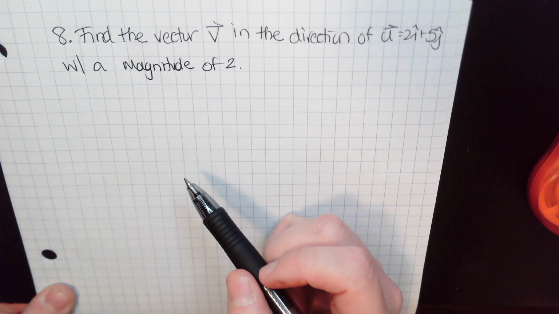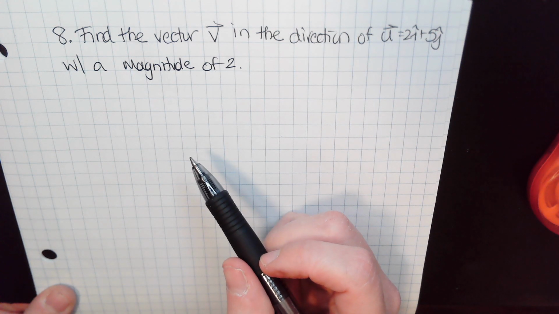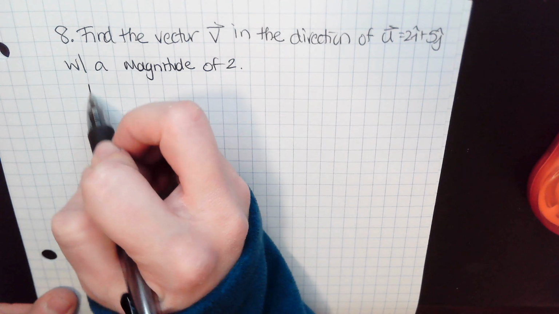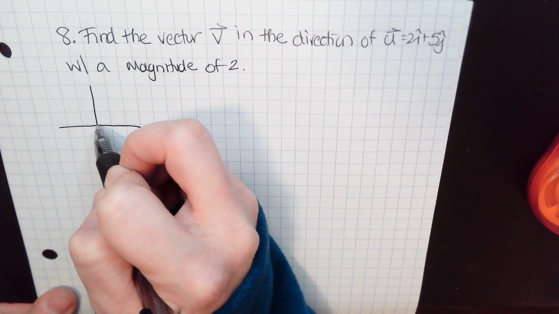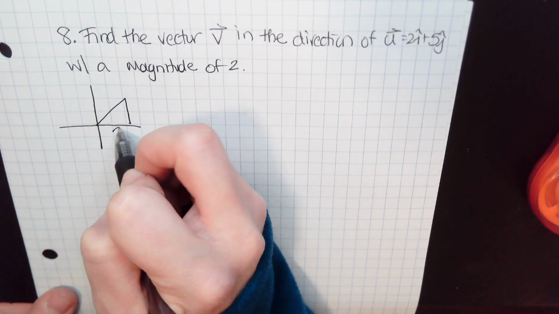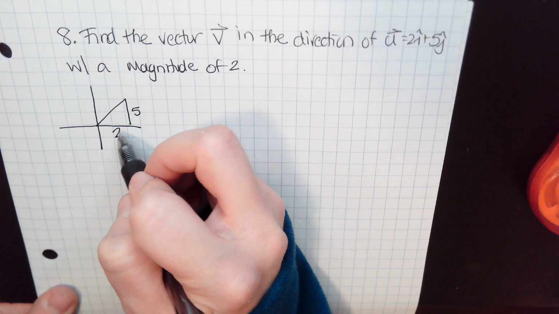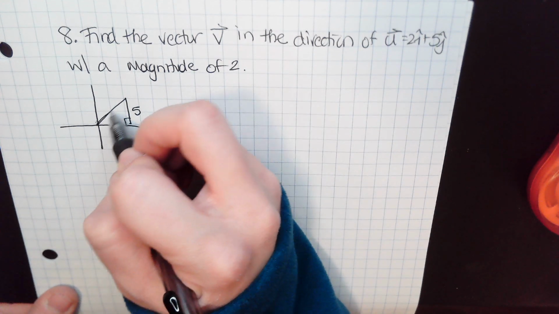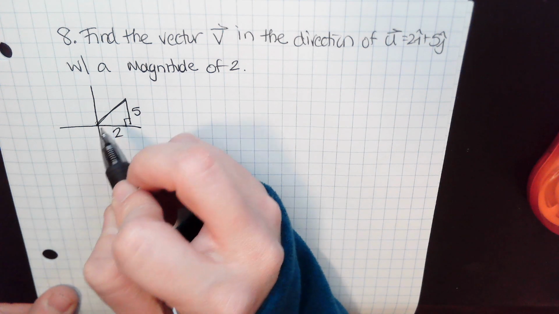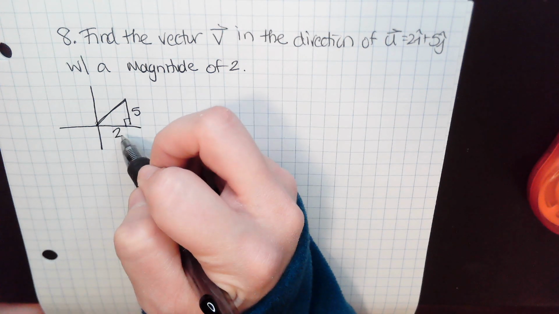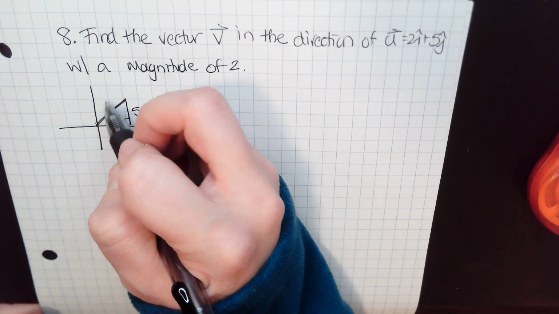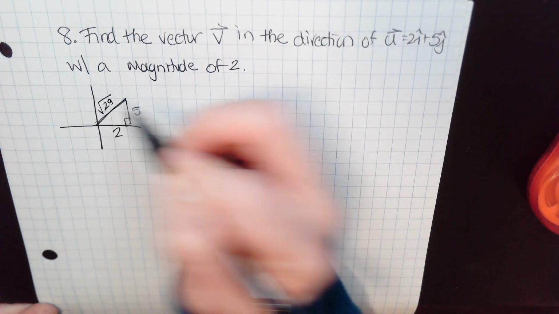All right, so hopefully you found that unit vector. You could have plotted out the point 2 over 5. This isn't drawn to scale here, but then you would have to do your Pythagorean theorem to find your missing side. So 2 squared would be 4, plus 25, which is the square root of 29.